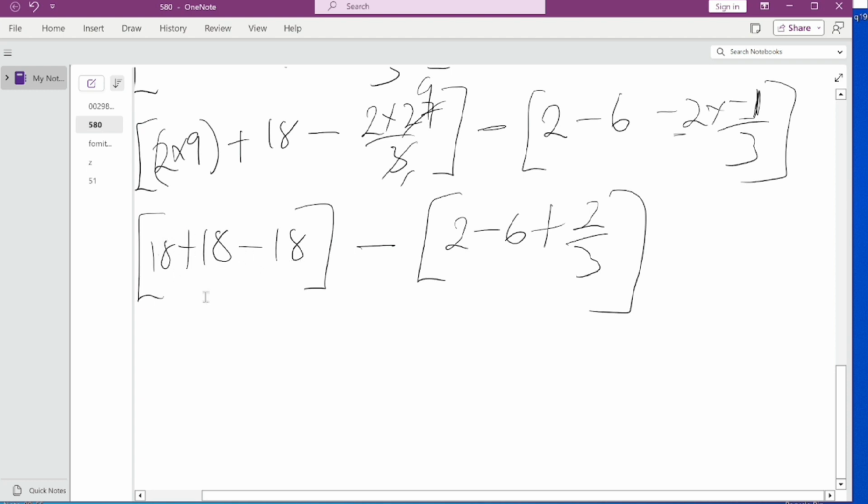Then 0 plus 18 will give you 18 on this side. Minus, we'll find the LCM of what's on this side. LCM is 3, that's like saying 2 over 1, 6 over 1, and we're solving with fractions. 3 in 1, 3 times 2, that's 6. 3 in 1, 3 times 6, that's 18. 3 in 3, that's 1. 1 times 2, that's 2.